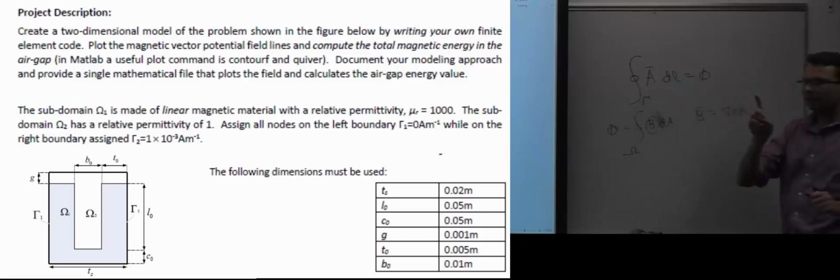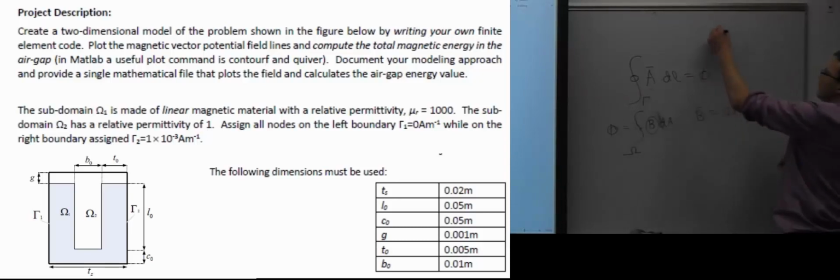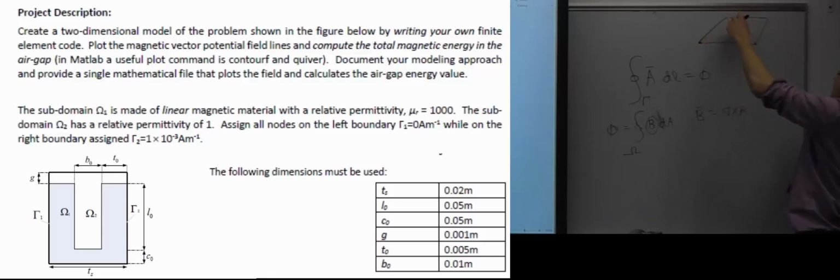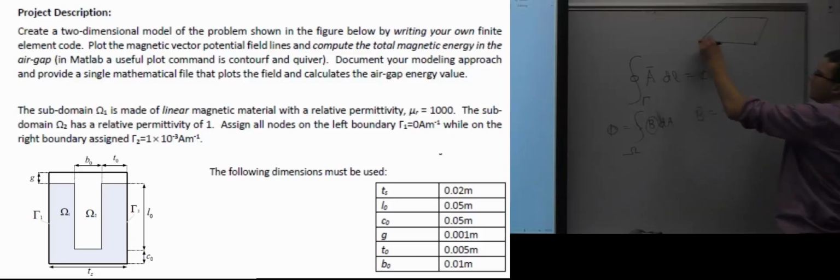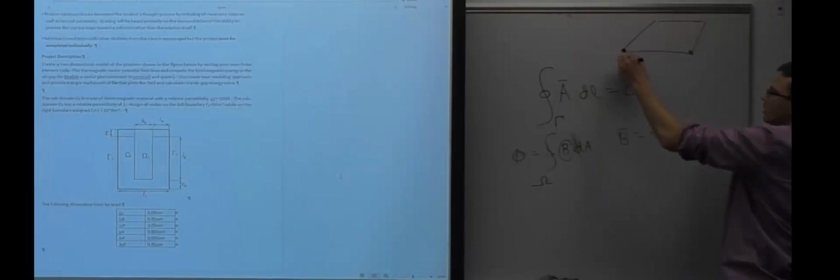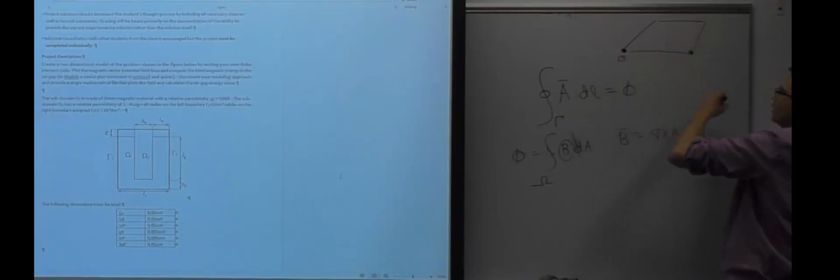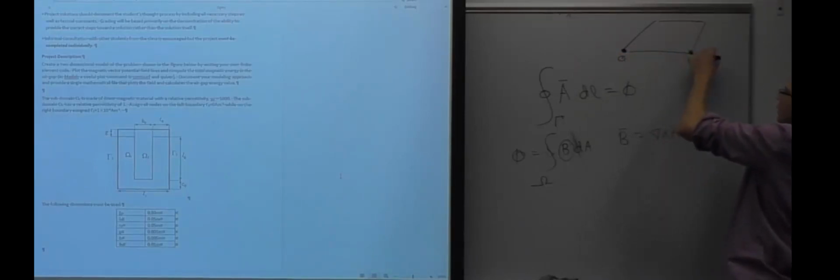Now, in the 2D case, remember that the flux is going through this rectangle, but if it's 2D, we don't have any depth into the page. So then we only have a magnetic vector potential on one side, which is in this case 0, and the other side, which is 1 times 10 to the minus 3.